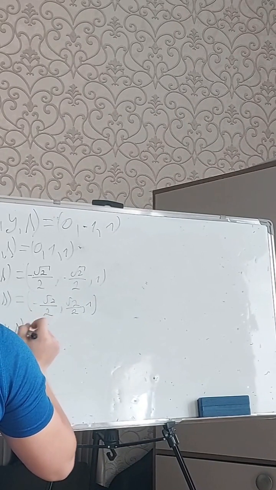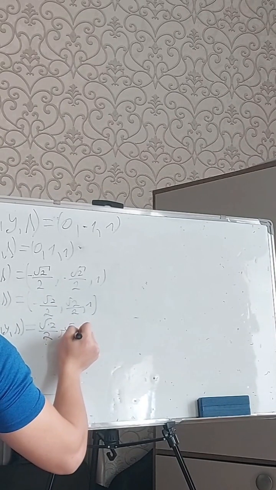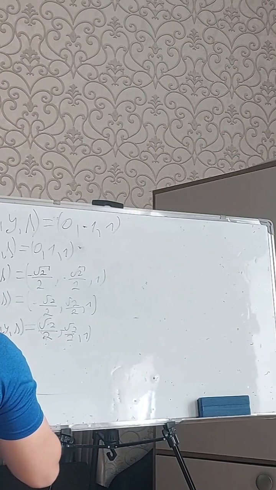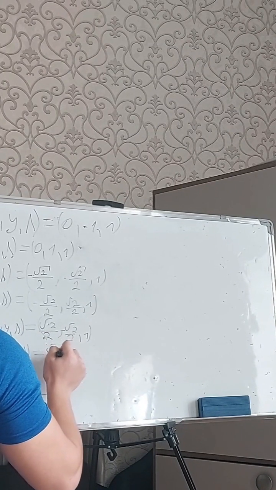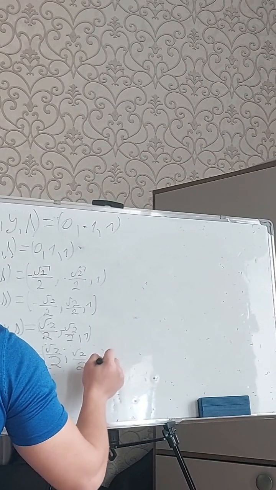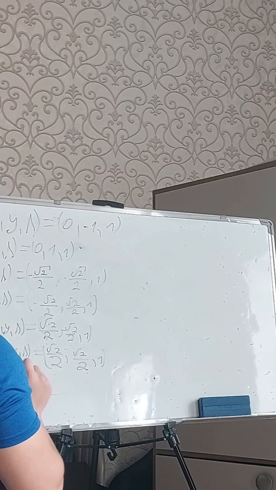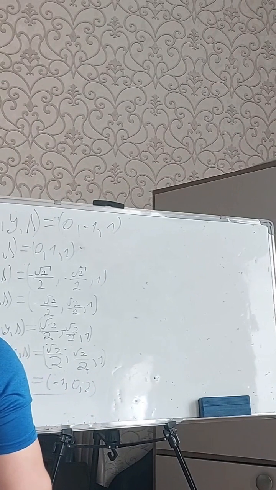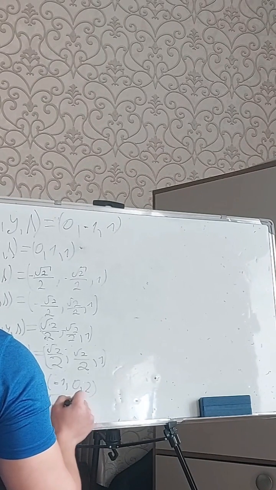The fifth is square root 2 over 2, negative square root 2 over 2, lambda equals 1. The sixth is square root 2 over 2, square root 2 over 2, lambda equals 1. The seventh is negative 1, 0, 2, and the eighth is 1, 0, 2.